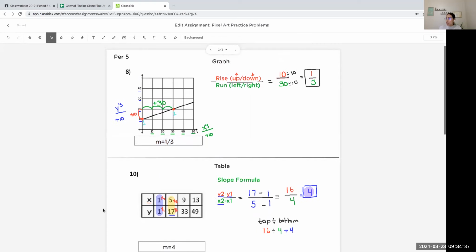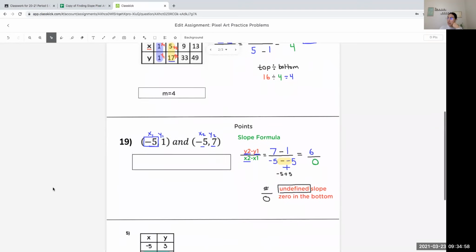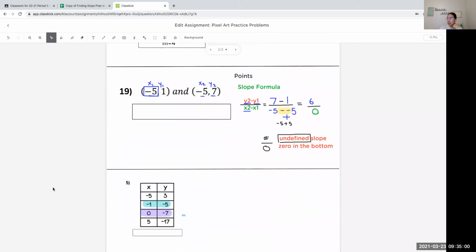Okay, go ahead and take a screenshot of the graph and the table example. And I'll let you take a screenshot of the point example. Except here, let me type it out for you. It should say m equals undefined.